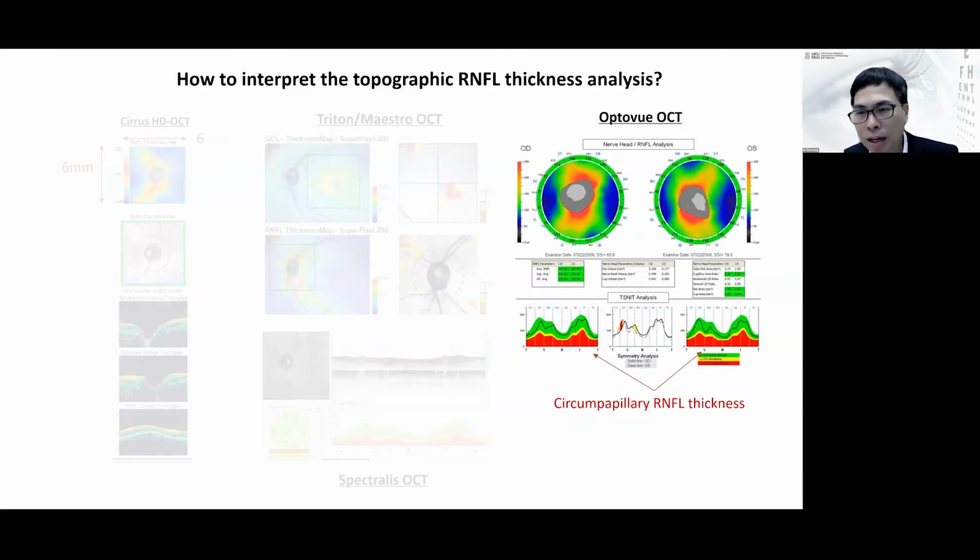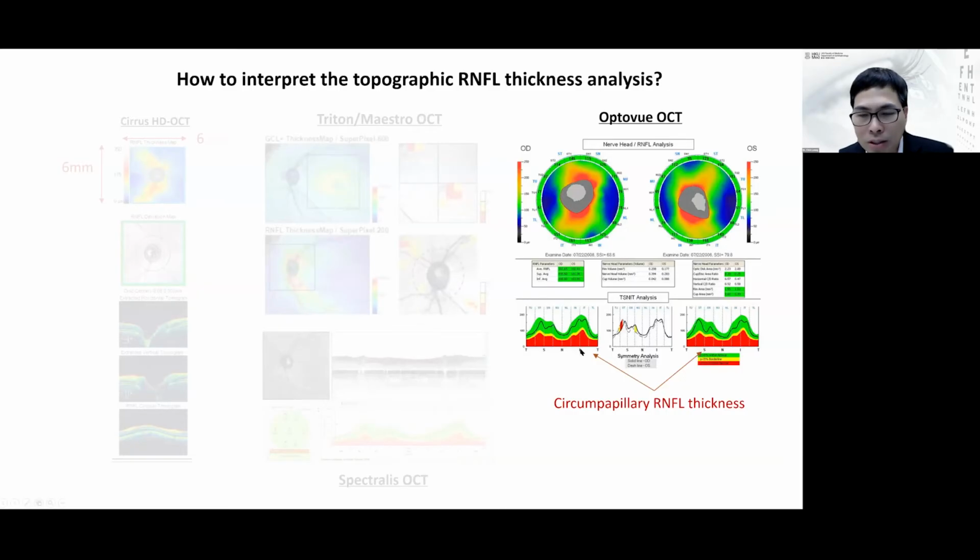The OptoVue device images the optic nerve head region using 12 radial scans and 6 concentric circles, so we can get a topographic representation of the retinal nerve fiber layer, which you can see is typically thickest over the supratemporal and infratemporal quadrants of the optic disc.